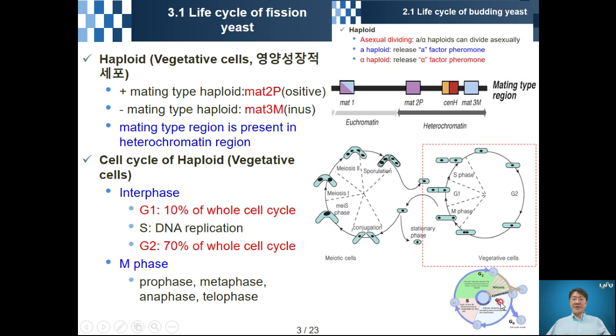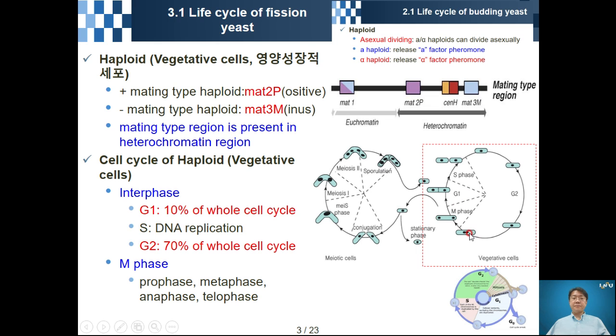The interphase is composed of G1 phase, S phase, and G2 phase. Usually the time lengths of G1 and G2 are nearly similar to each other, but in fission yeast, G1 is 10% of the whole cell cycle, while G2 is 70%.